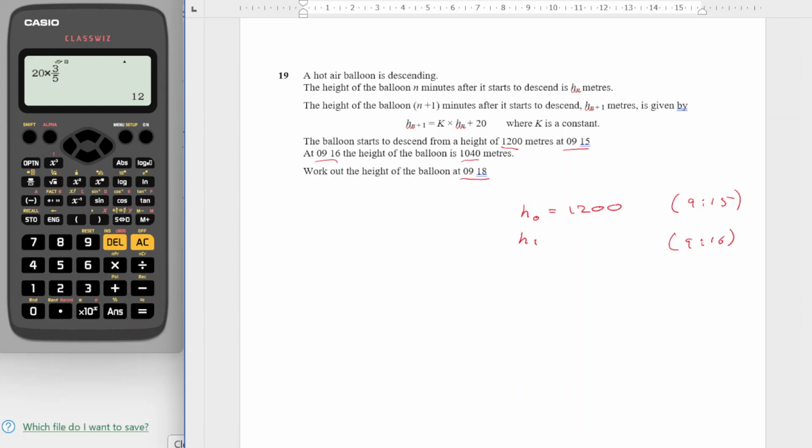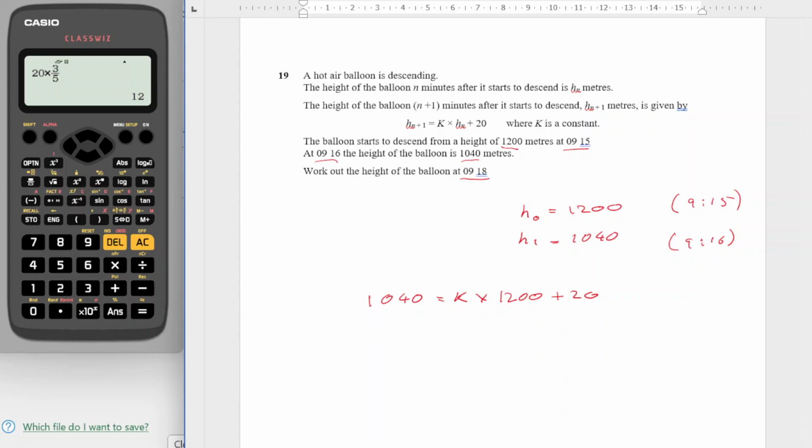We've now got a height of 10,040. If I go back to the formula, it states that n plus 1, so h1 should be equal to k times by h0, so 12,000 plus 20. So we can kind of rearrange to get k here.